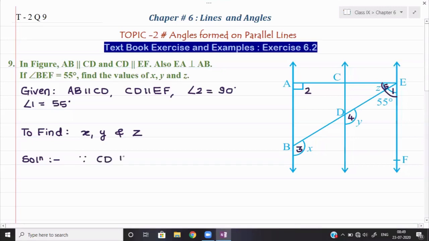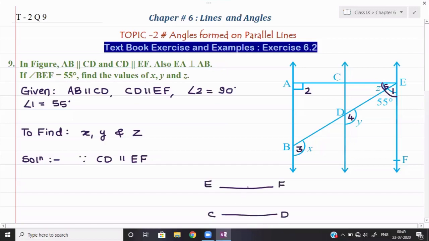Now see, the figure is not given in a proper manner, so please look at the sides CD and EF. If I show you with the help of one figure, this is your line CD, and somewhere here the line EF lies. Suppose I take the lower one as CD, and the upper one as EF.